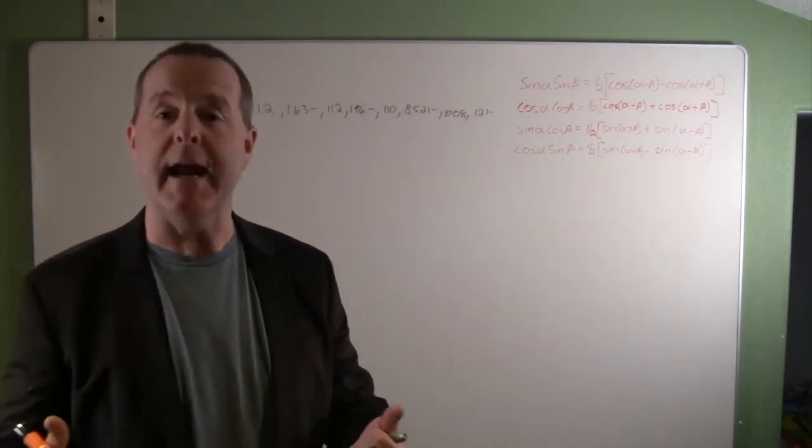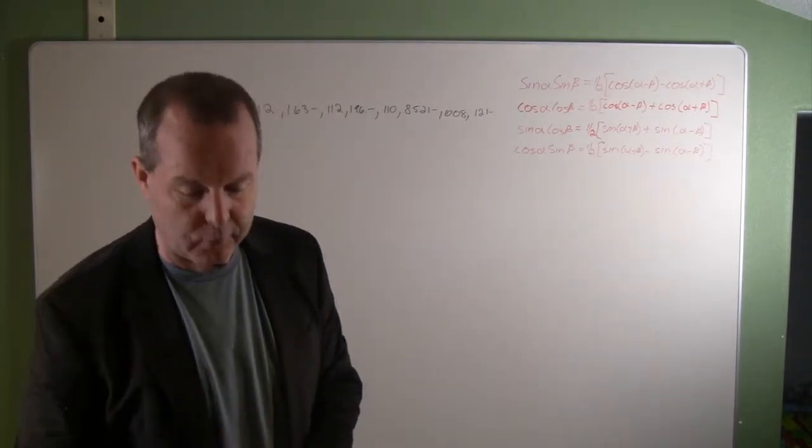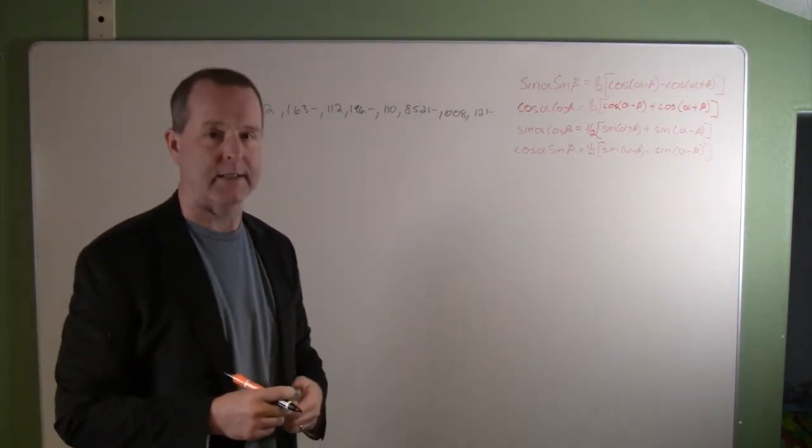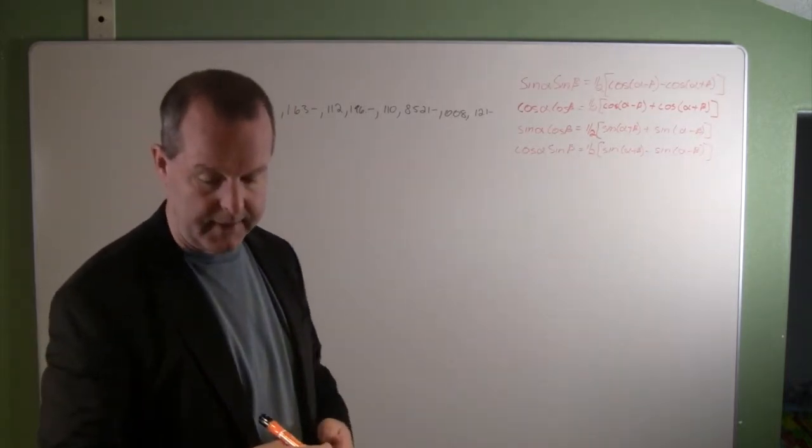So to begin with today, I want to introduce to you some new identities. These are the product-to-sum formulas, and I wanted to show you how we were able to derive some of these.